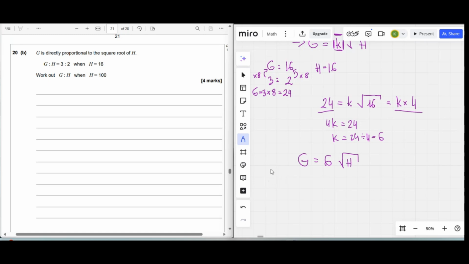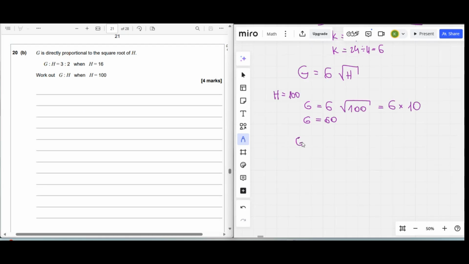And now work out G to h when h is 100. G will be 6 times the square root of 100. So 6 times 10, which is 60. G is 60. So our ratio G to h would be 60 to 100, and we need to simplify it.